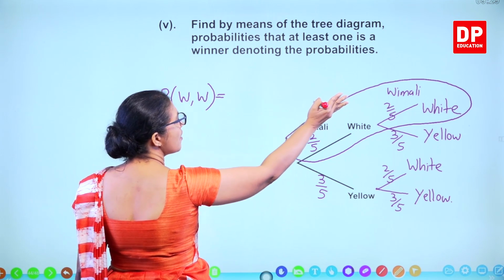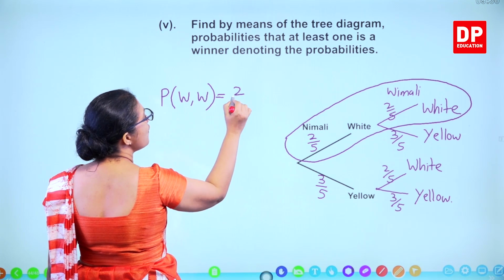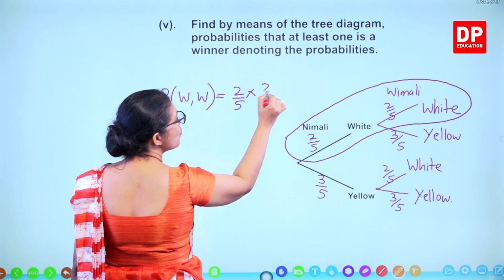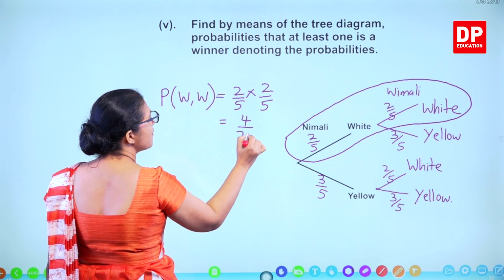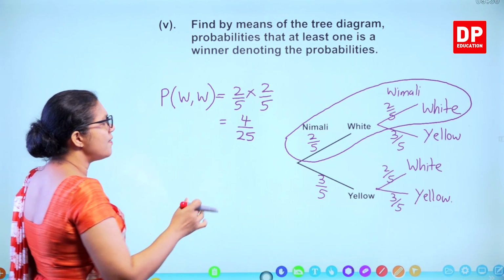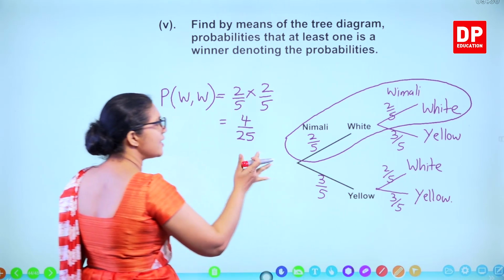What's the chance of getting white and white? 2/5 into 2/5, so you get 4 over 25. So what is the other possibility? 1 minus that.